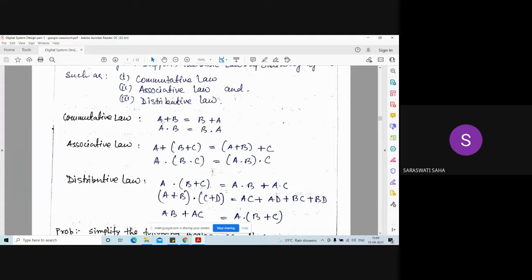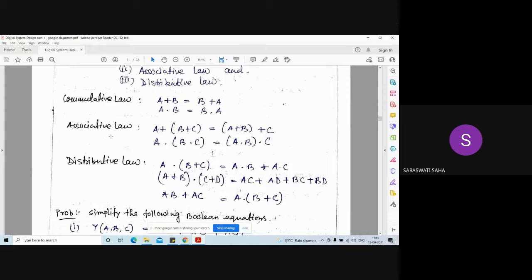Taking the left hand side, you will get an output truth table. And if you take this in the form b plus a, you will get the truth table for that. After getting these 2 truth tables, both show the same results. It means a plus b equals b plus a. Obviously, a dot b equals b dot a.